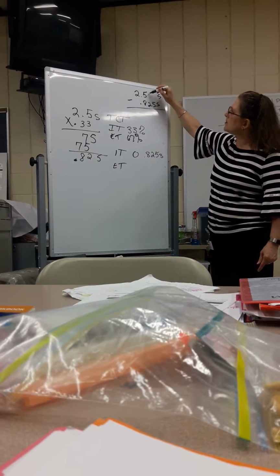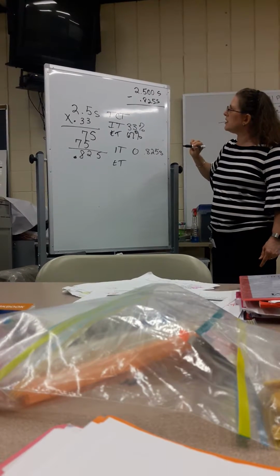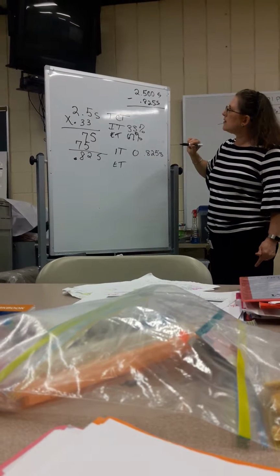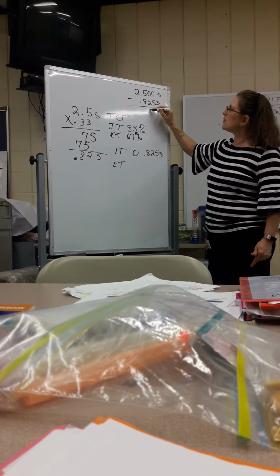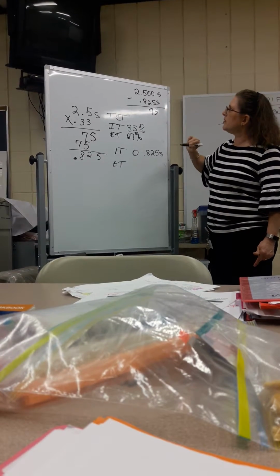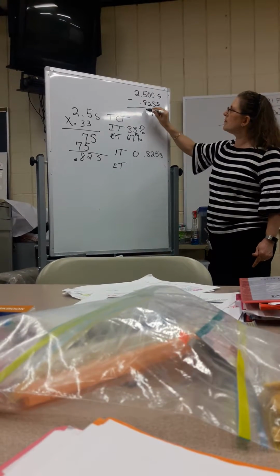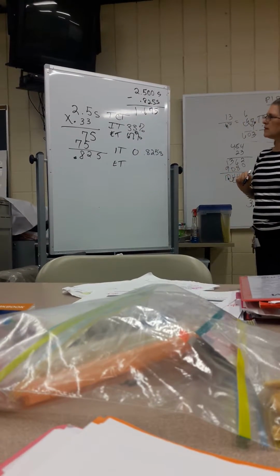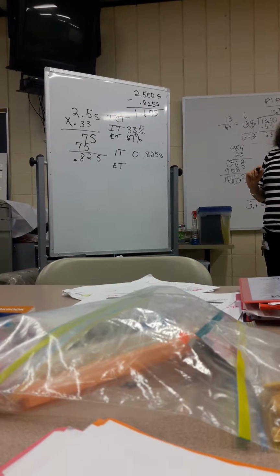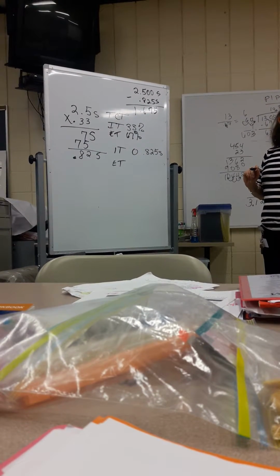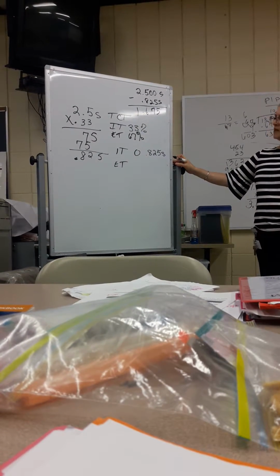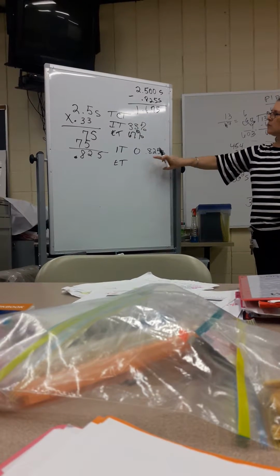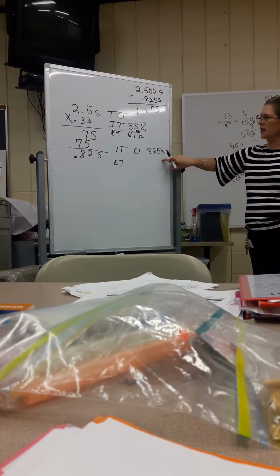So we know that there's zeros there. We assume there's zeros there, right? So this is going to be 75, right? Does that come out right? So my inspiratory time is 0.825 seconds.